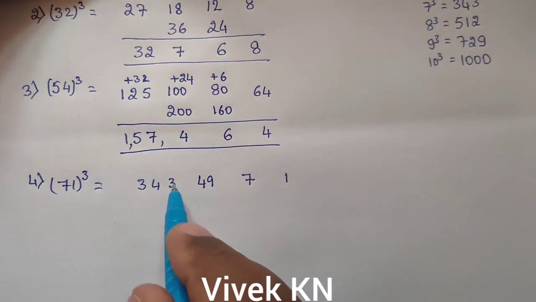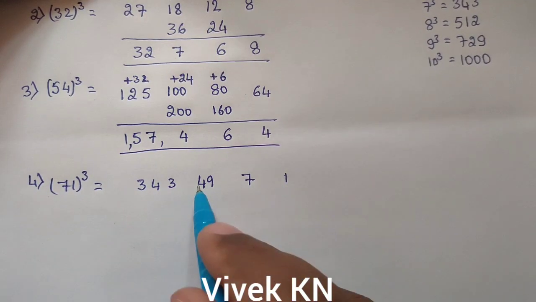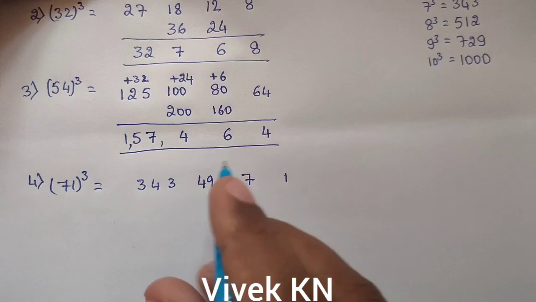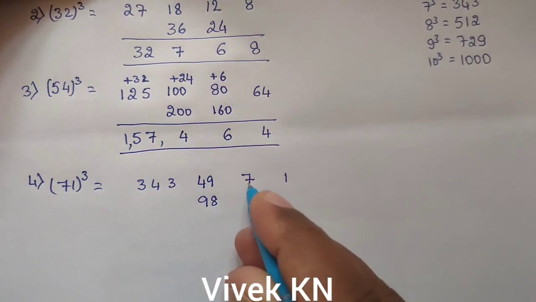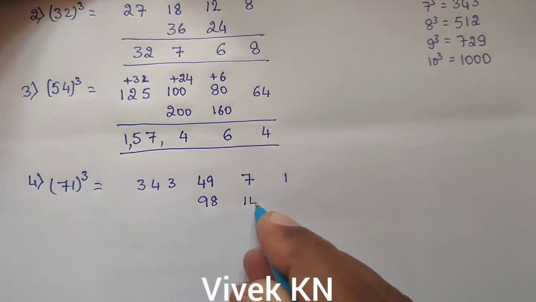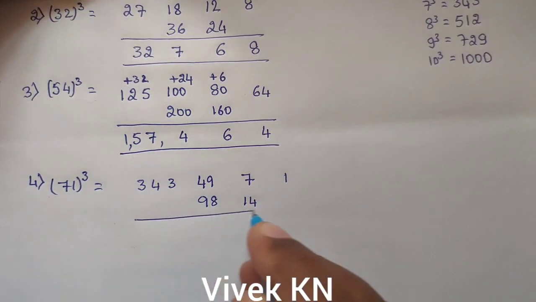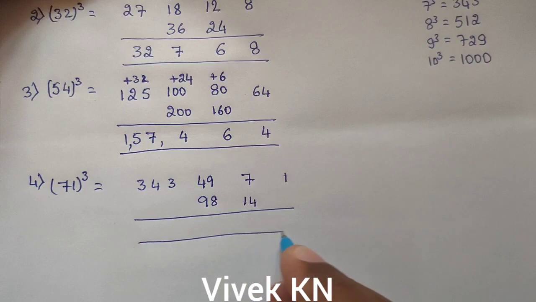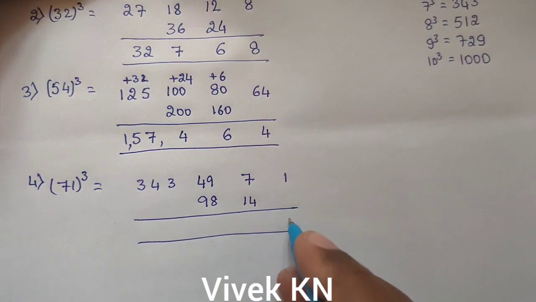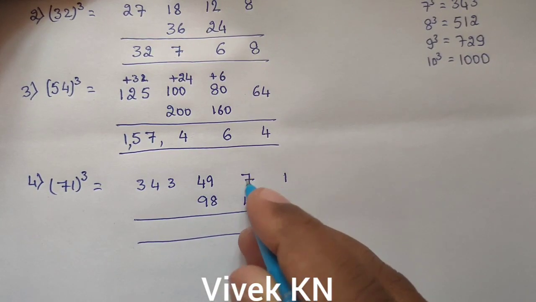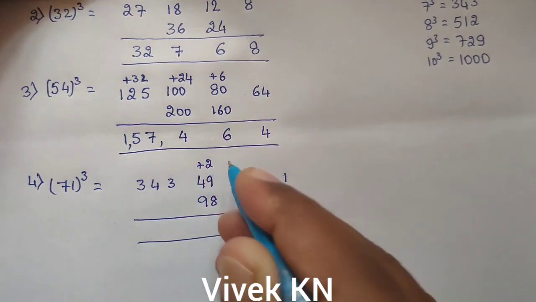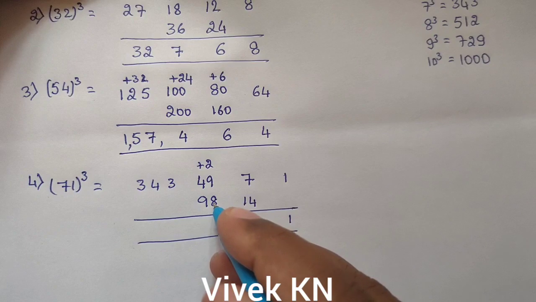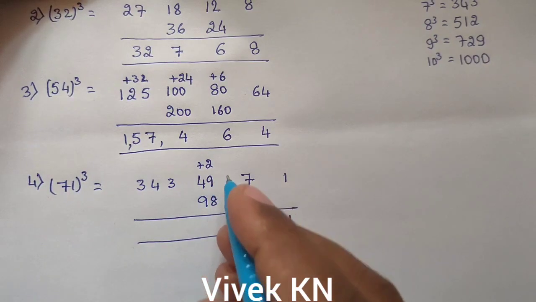Next, we have to leave the first number and the last number, and double the middle two numbers. So 49 plus 49 is 98. 7 plus 7 is 14. Now we have to add this 1. 14 plus 7 is 21. 1 to carry. 98 plus 2 is 100. 100 plus 49, 149.